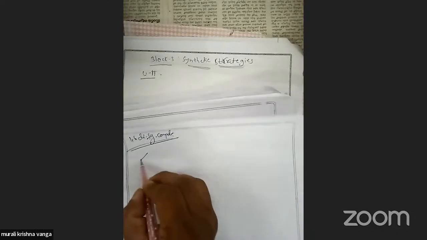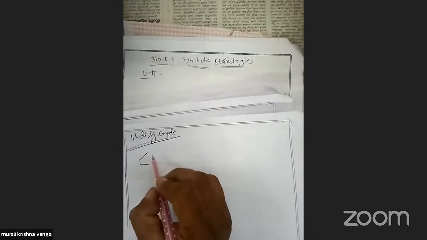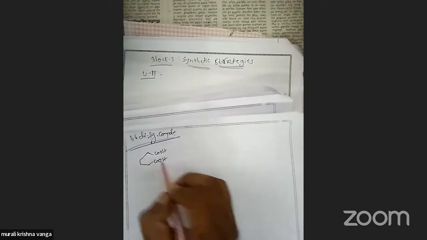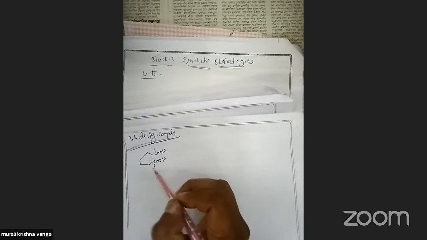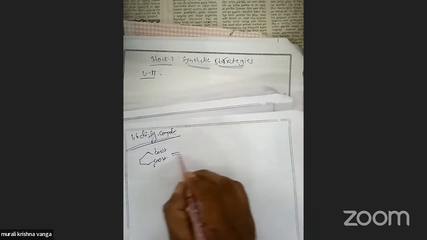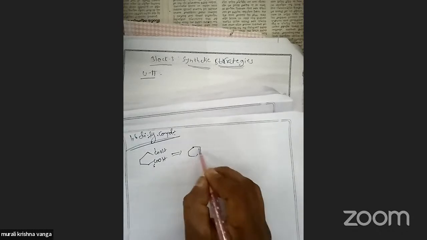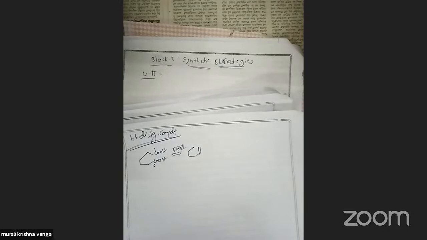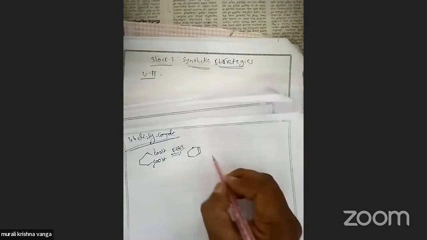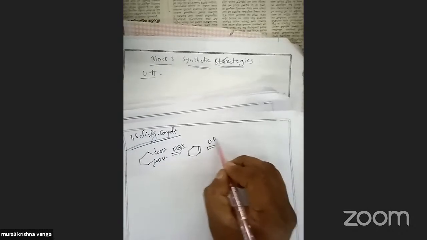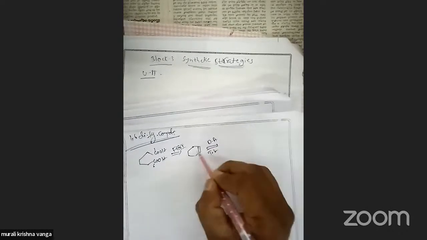So when this 1,6-dicarboxylic acid undergoes functional group interconversion, it is converted into cyclohexene. This cyclohexene undergoes a Diels-Alder transform.